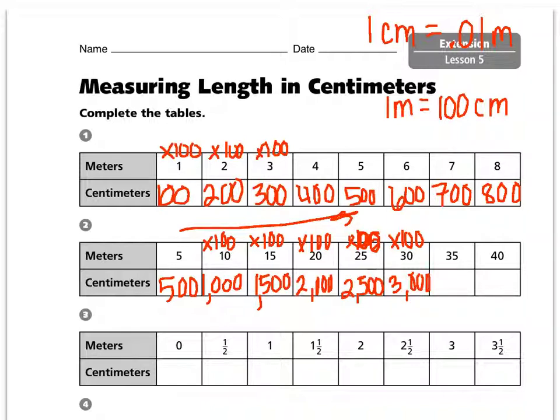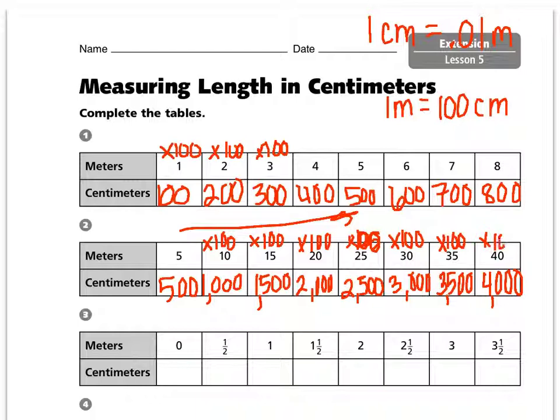The reason I'm multiplying it by 100 is because every meter is 100. So if I had 30 meter sticks, I would have 3,000 centimeters. For 35, I'm going to multiply it by 100, and I know that I'm going to get 3,500. And for 40, multiply it by 100, and I get 4,000.